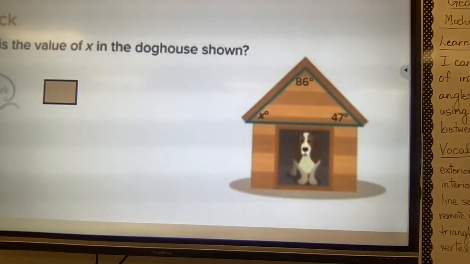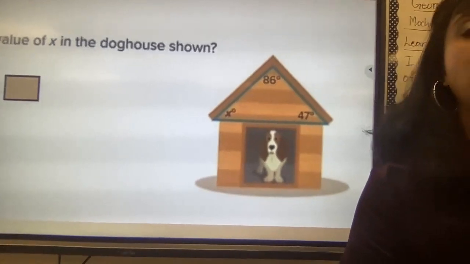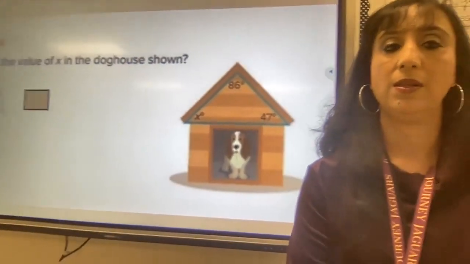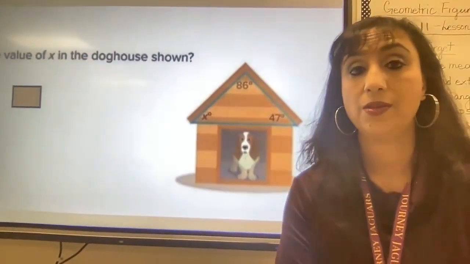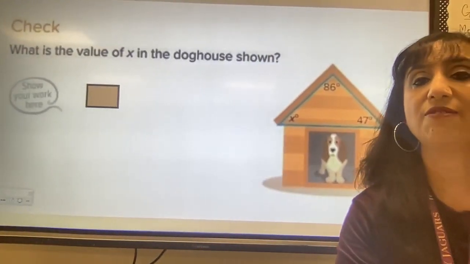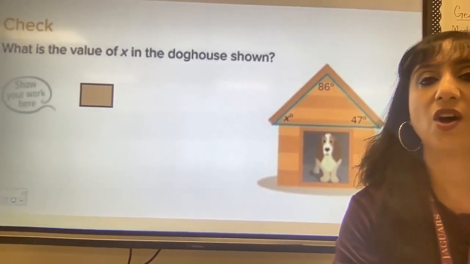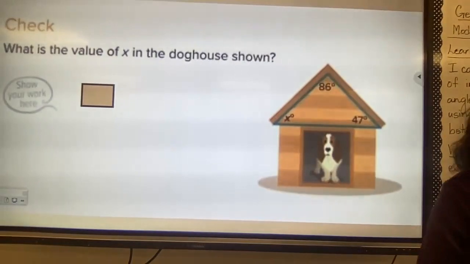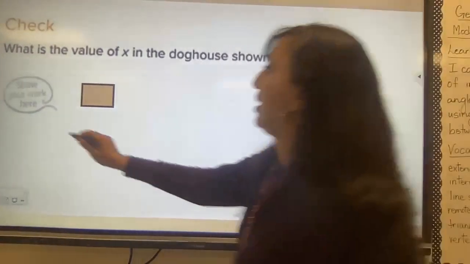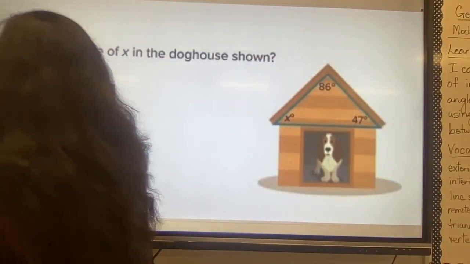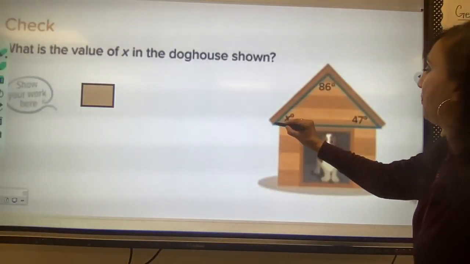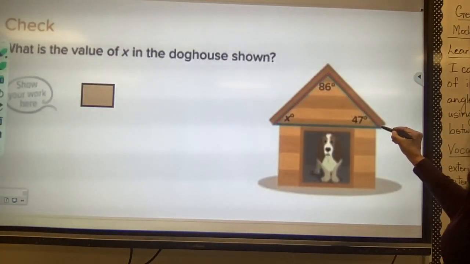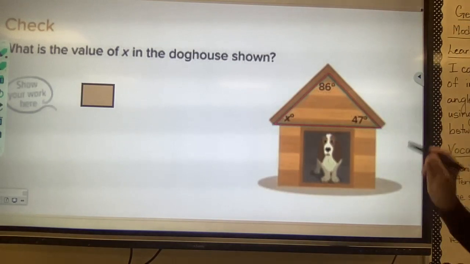And let's look at this. All right, so it's asking, sorry, what is the value of x in the doghouse shown? So again, as we can see, that is a triangle over here. Right?